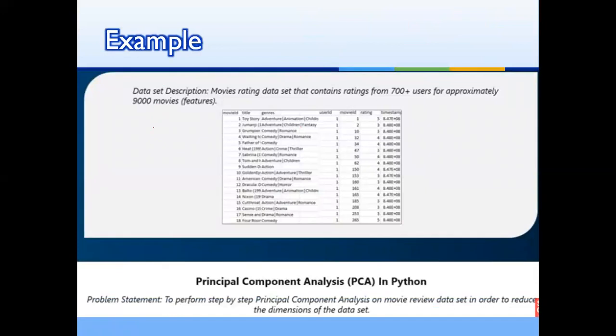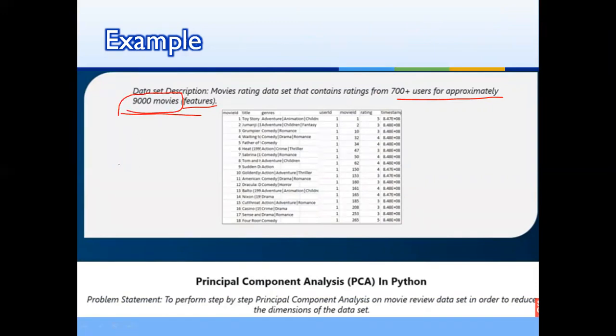So here is an example of the movie data set, right? A movie rating data set that contains ratings from 700 plus users approximately, and assume 9,000 movies, and these 9,000 movies represent the features. So definitely it will be a very complex task to design the model for these 9,000 movie features, right?